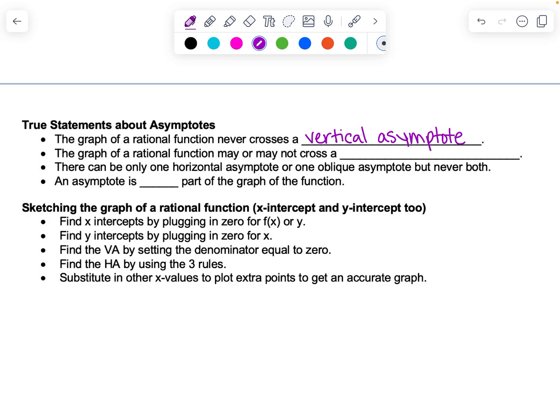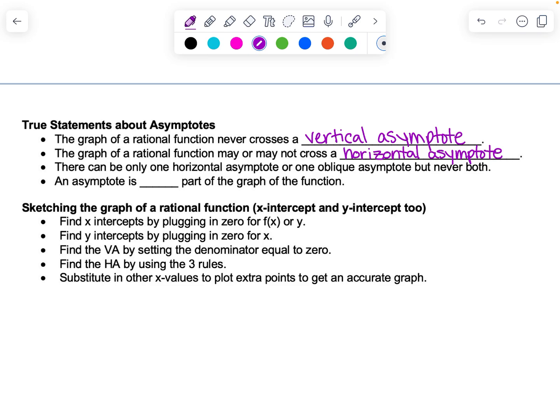But it may or may not cross a horizontal asymptote. So, yes, it does not cross an asymptote, but it really just doesn't cross the vertical ones. It is okay if it crosses a horizontal asymptote. And we'll see what that looks like here in a little bit when we have our graphs.